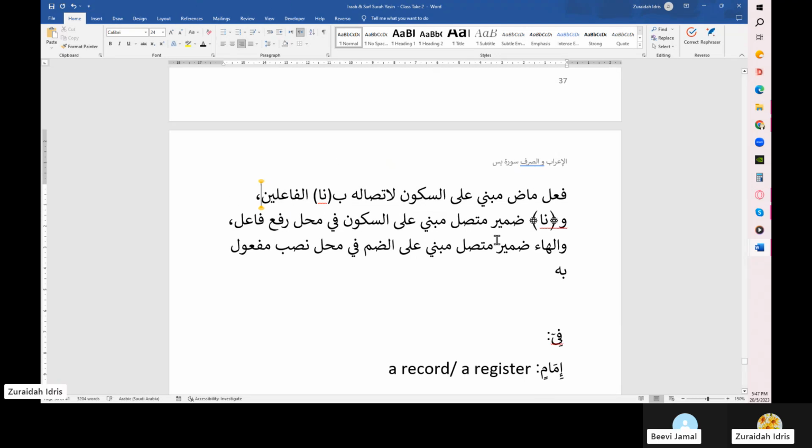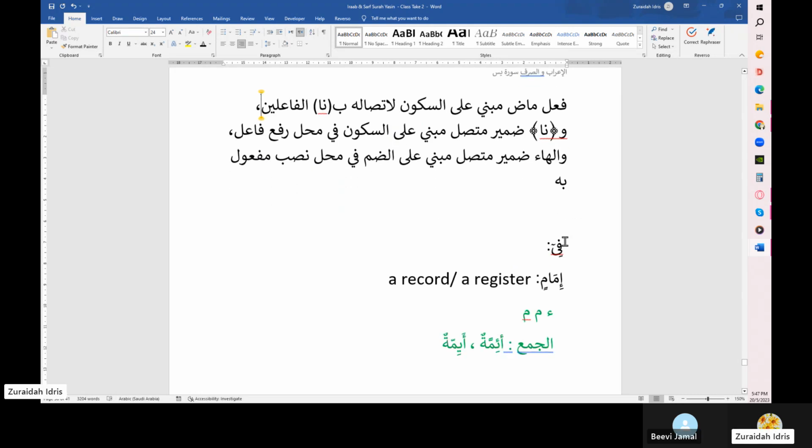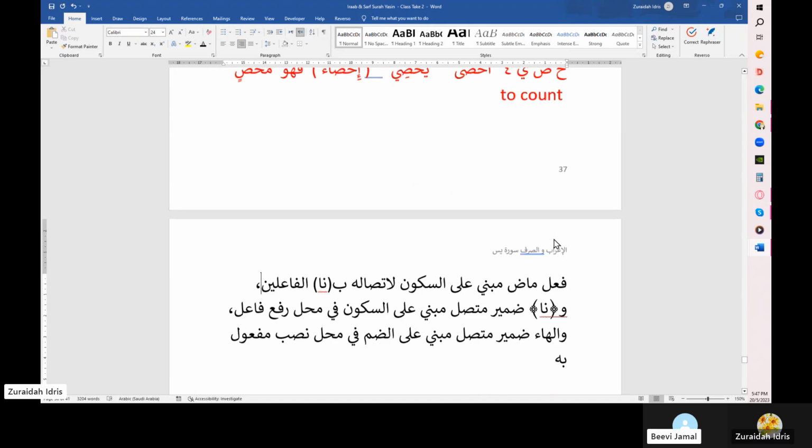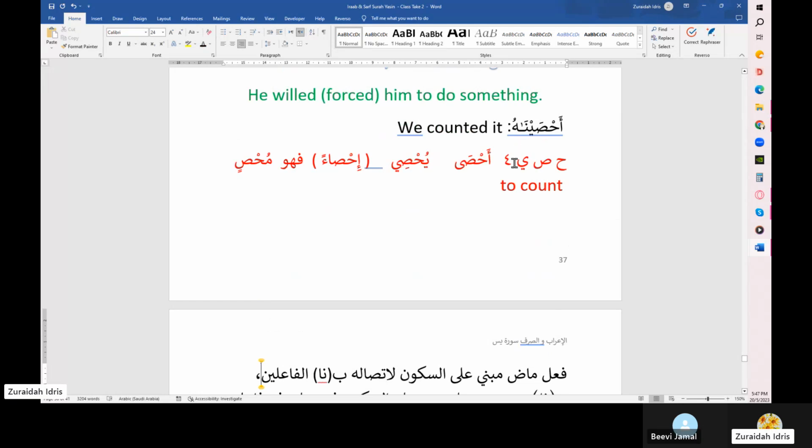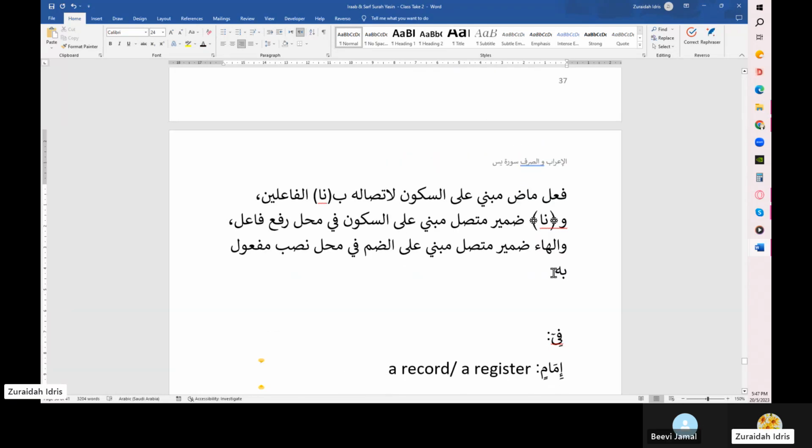Is it dual or plural? It should be plural, because now it is nahnu. So ahsaynahu, and we put here: the na is in the position of raf', fa'il, and the hu is in the position of nasb, maf'ul bihi.